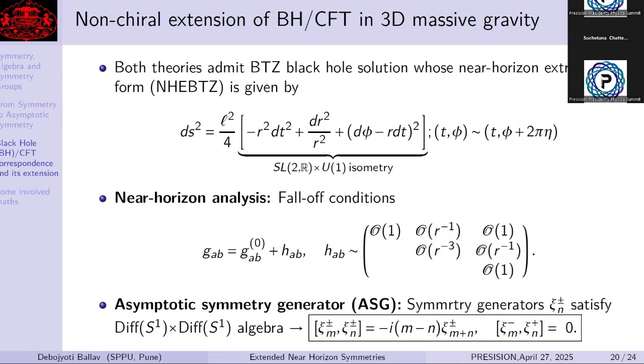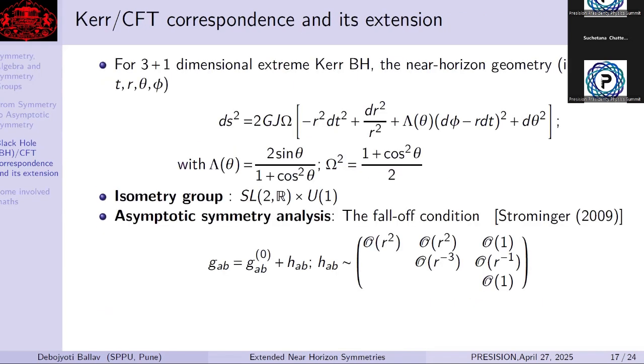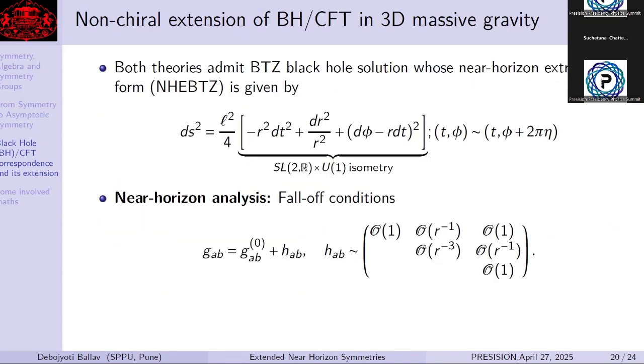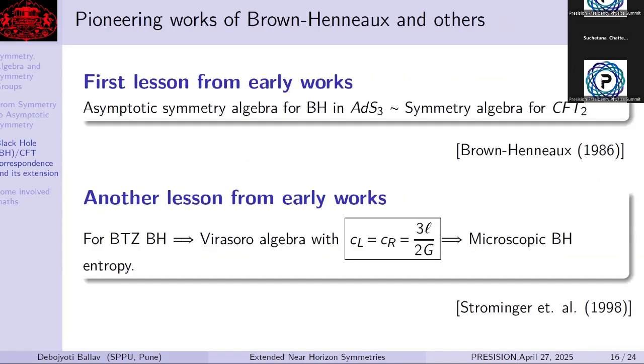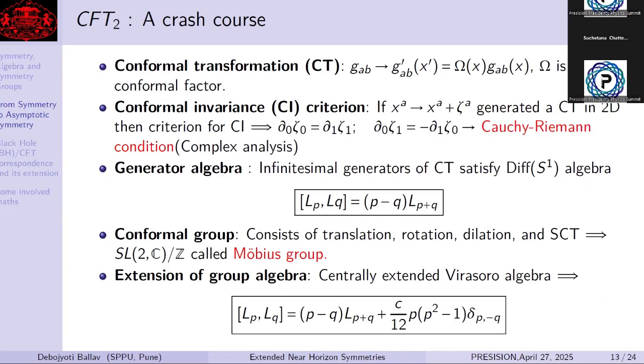The generators of SL(2,R) are actually the conformal group generators. In the conformal group of CFT2 we have different generators: rotations, dilations, special conformal transformations, and so on. They generate the Moebius group, and from the Moebius group we can associate the generators with those of SL(2,R).